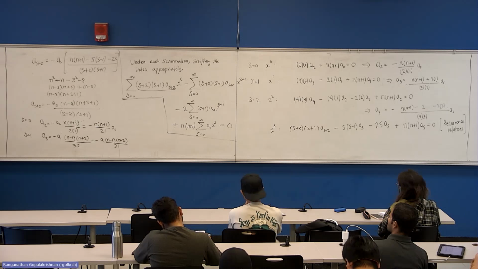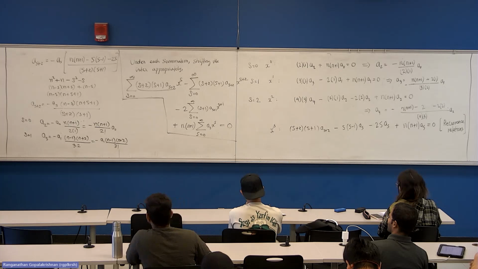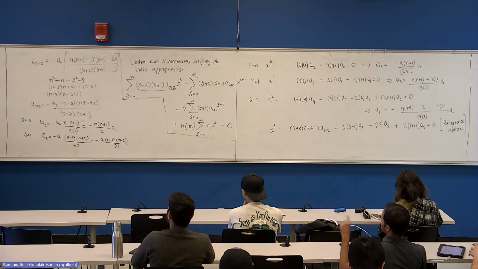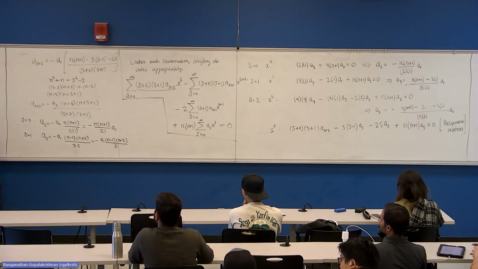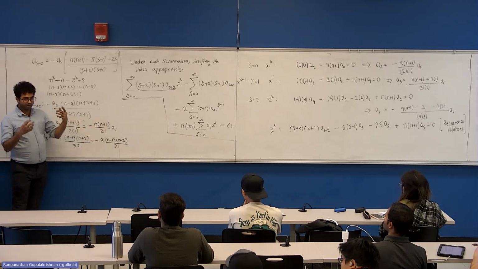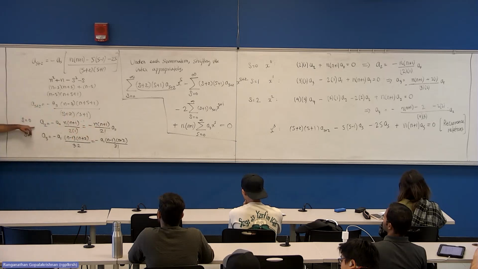You know the answer and you just don't want to talk? Or you don't know the answer? Come on, say something. That is, a naught and a1 are the only constants which are truly unknown. Everything else is known in terms of those two.